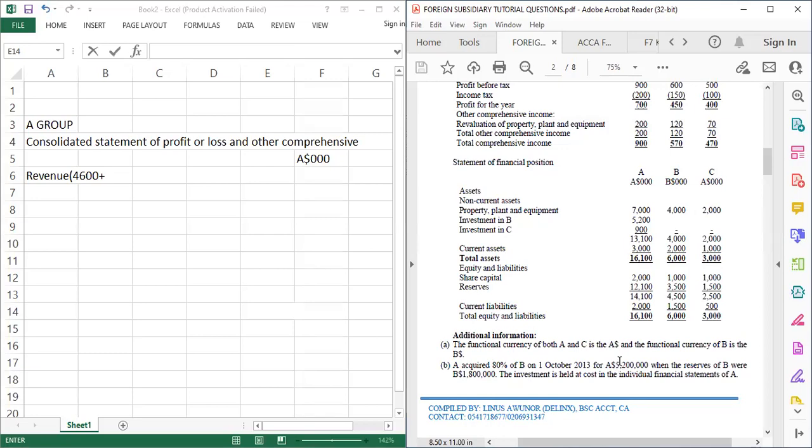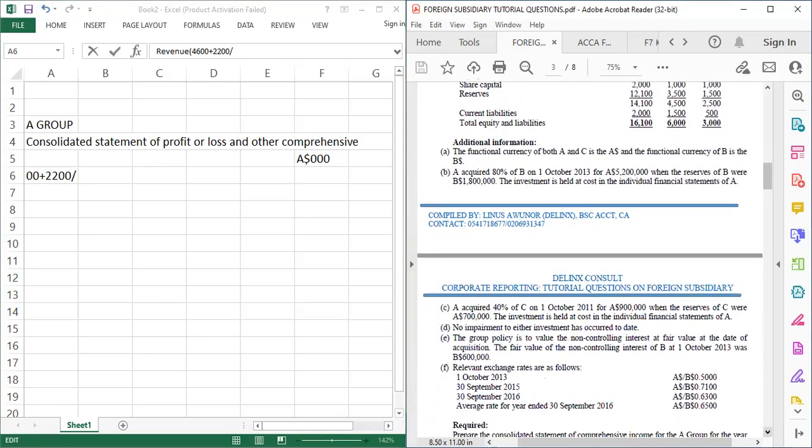Then you see whether they have divided to get what the parent is reporting or they multiplied. That's another way of doing it. Or if you can't do it, just say if 1 cedi is equal to this, how many dollars will this be? So this will give us 2,200 divided by the average rate. The average is how much? 0.65.